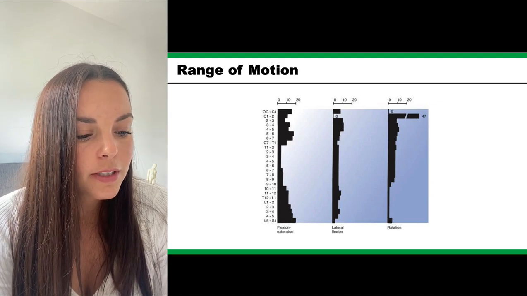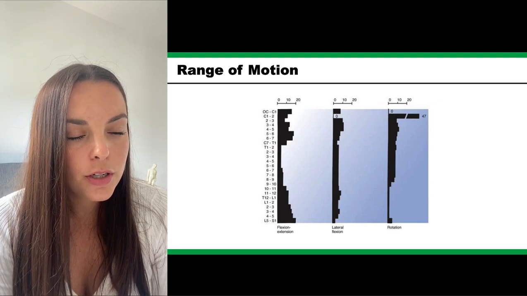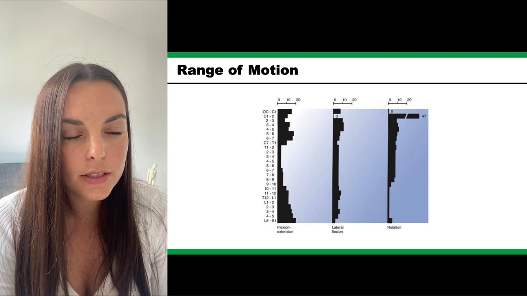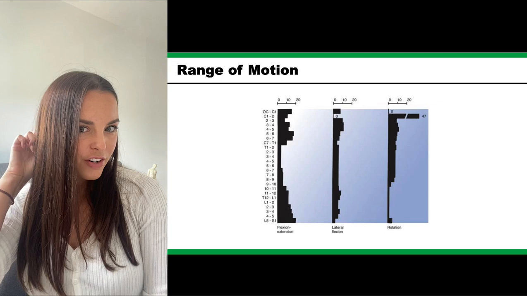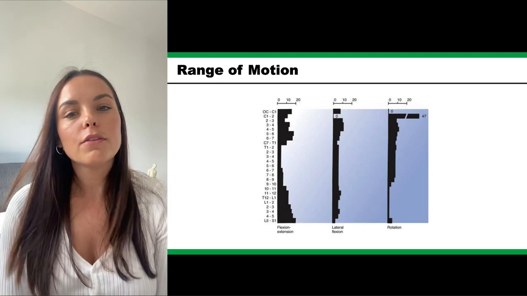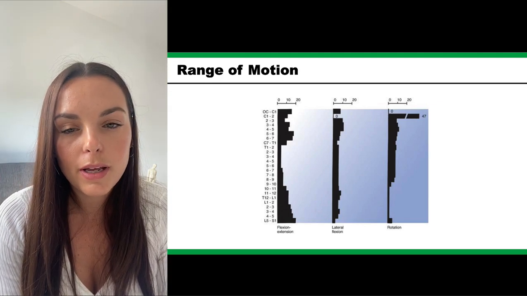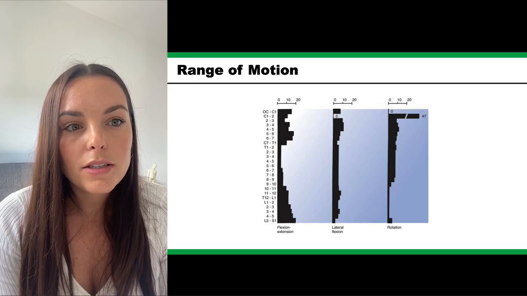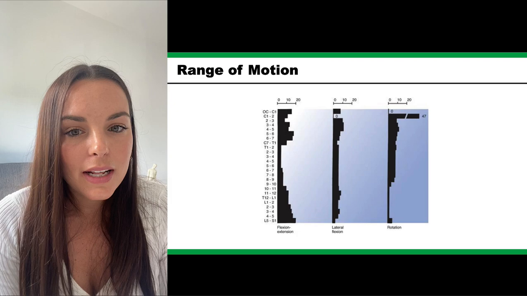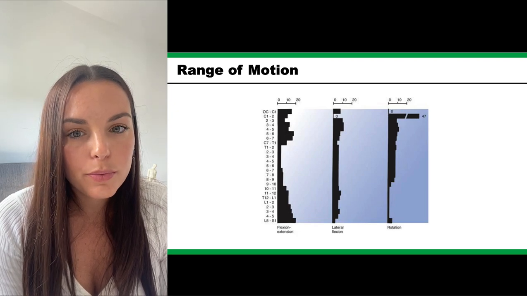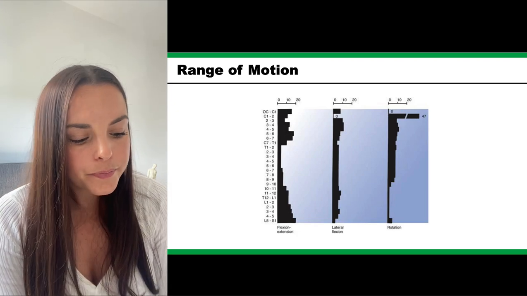So if we look specifically at the first joint in this figure, OC to C1, the joint at the very top of our neck between our very first cervical vertebra, being the atlas. So the joint between the atlas and the occipital bone, right at the base of our skull.